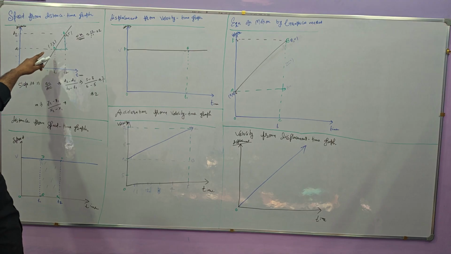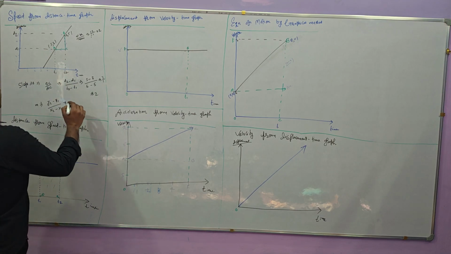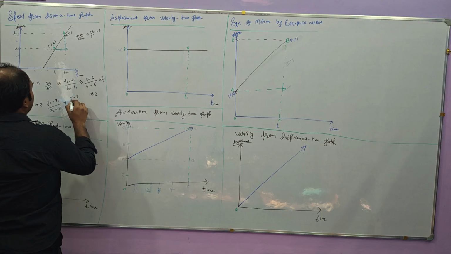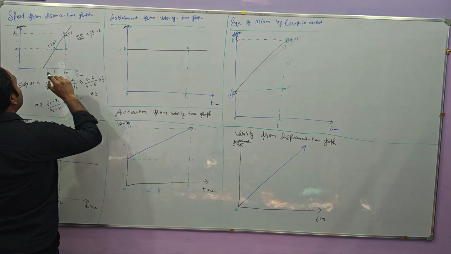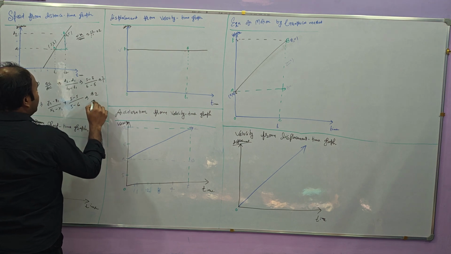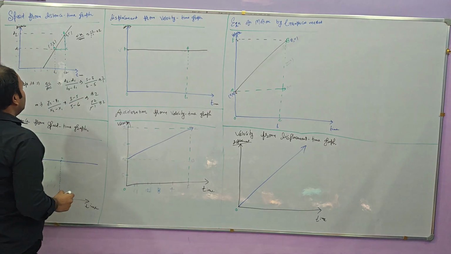We can consider either point as y2: 3 minus 5 and 5 minus 6, we get minus 2 over minus 1, the minus cancels, giving 2.